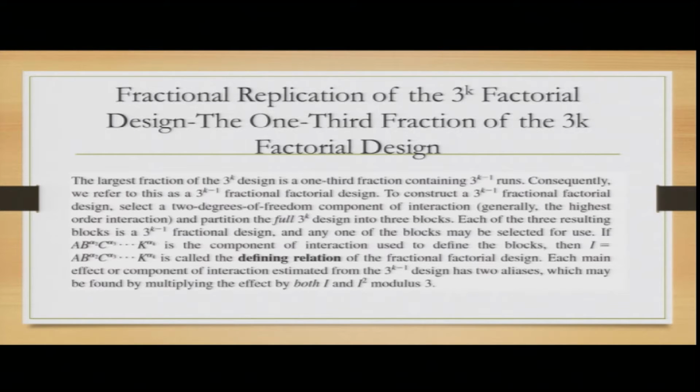To construct a 3^(k-1) fractional factorial design, select a 2 degrees of freedom component of interaction, obviously generally the highest order interaction you are planning, and partition the full 3^k design into 3 blocks. You should remember that in each block the number of observations should be the same. Each of these 3 resulting blocks is a 3^(k-1) fractional design, and any one block may be selected for use, and correspondingly the calculations can be done.